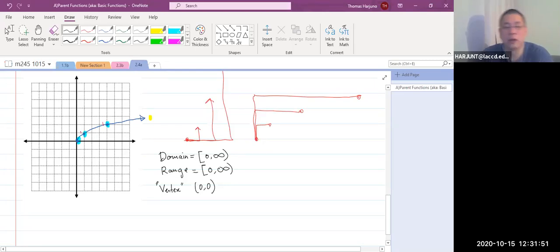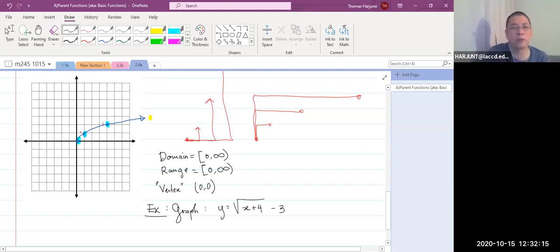Now then, for example, suppose I want to graph y equals square root of x plus 4, minus 3.